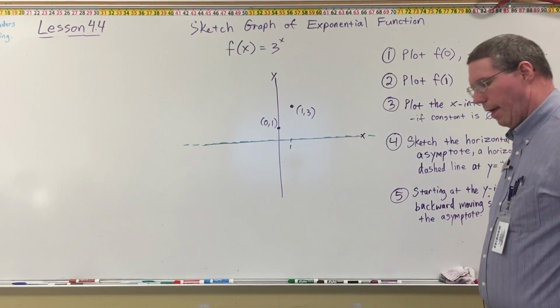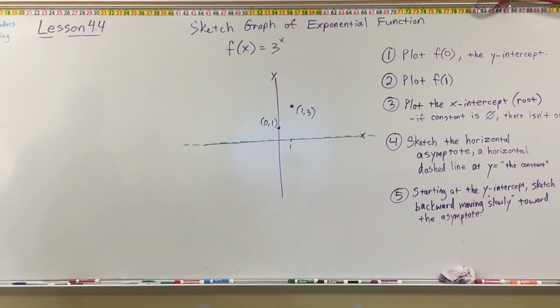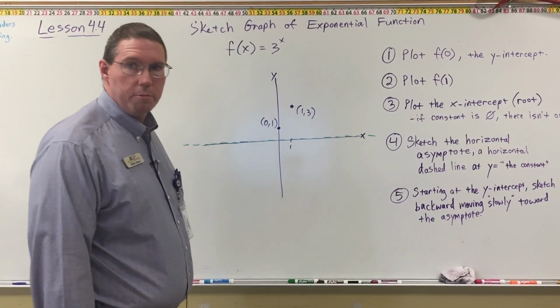Let me show you what I mean by that. I'll let you write that down and then I'll show you what I mean. So starting at the y-intercept, sketch backwards, moving slowly toward the asymptote.